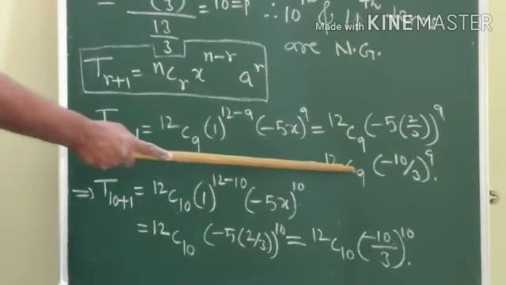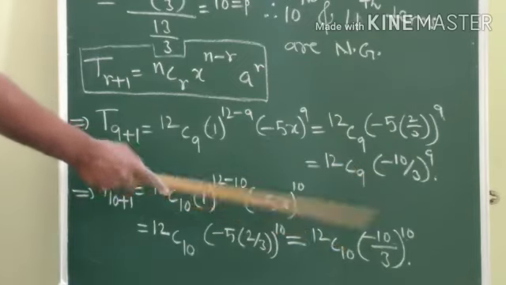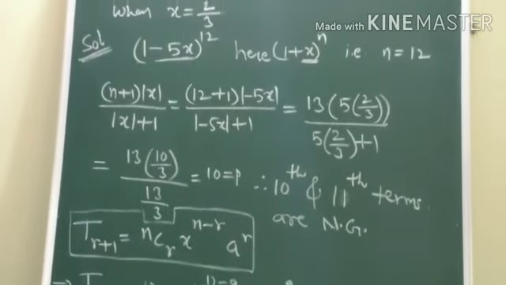These are the two numerically greatest terms in the given expansion (1 - 5x)^12.